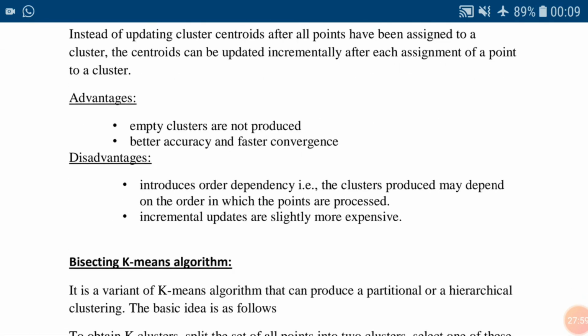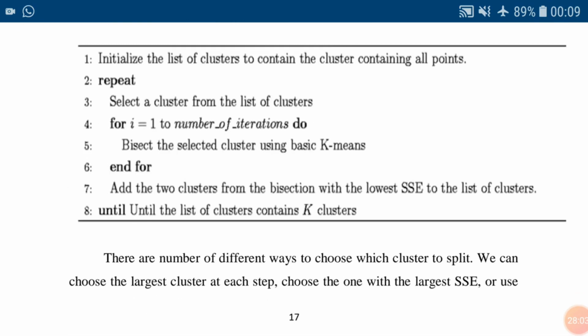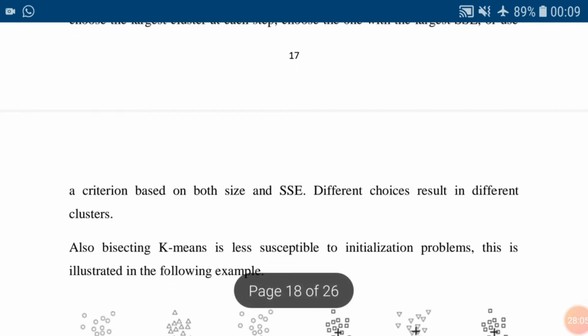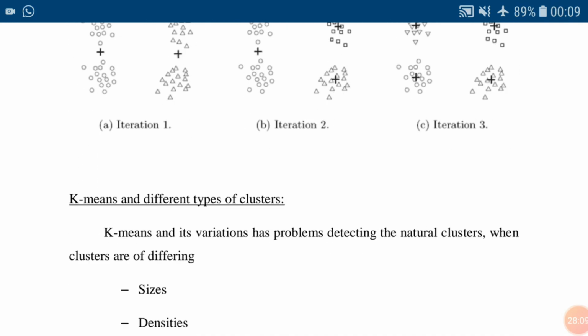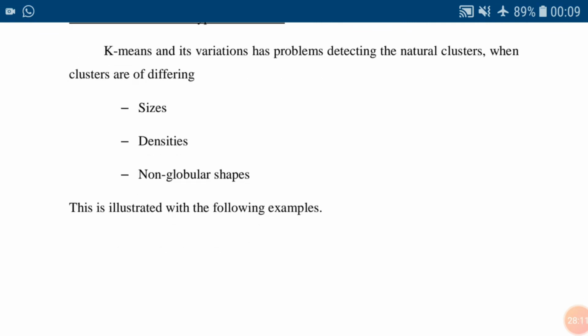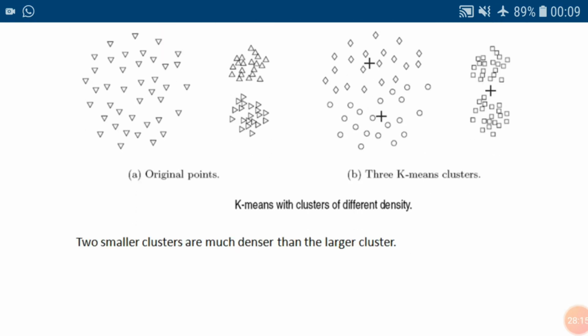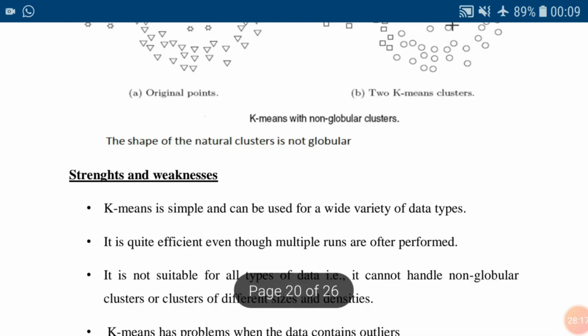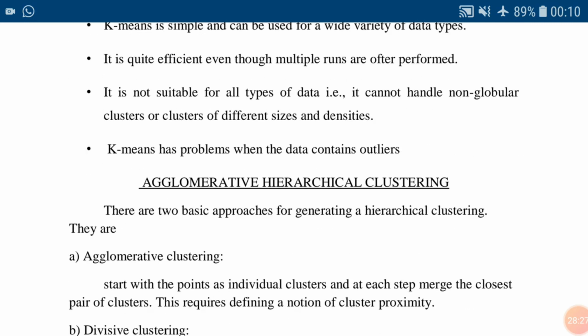Next, the bisecting k-means algorithm: how we divide data into different clusters using the k-means strategy. Next, strengths and weaknesses of the k-means algorithm.